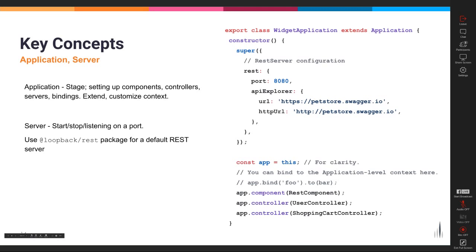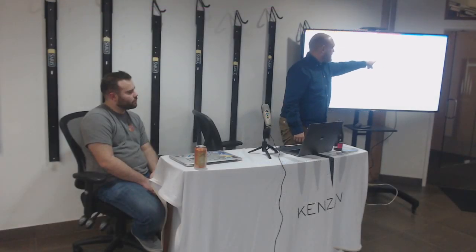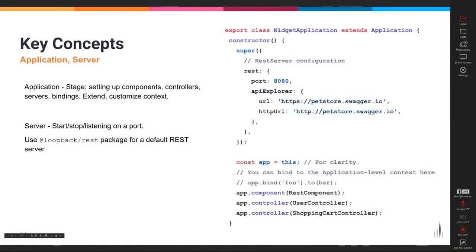So here's an example of the application file. Because the imports are cut off, you can't see them, but we're leveraging this LoopBack REST package, and we're calling the super constructor here, passing in an object which has some REST options, which is for this package.